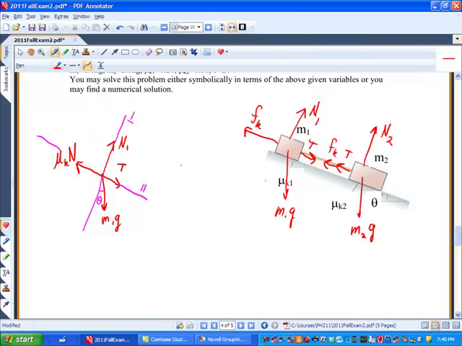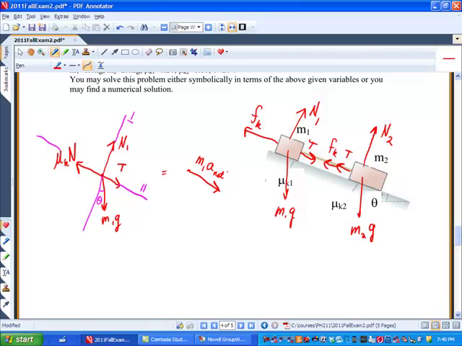We do need that F net. Our F net is going to be, we think, potentially pointing down the slope. It could be pointing up the slope. It could be slowing down as it goes down. And I'm going to turn the F net immediately into an M1 A net.